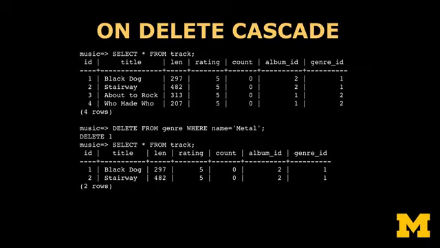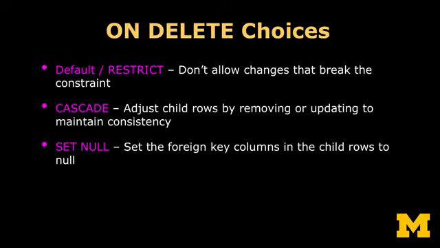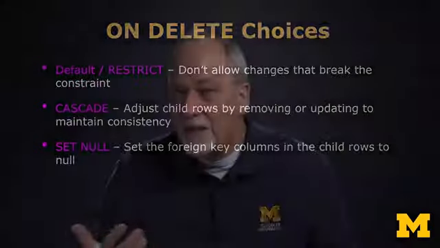Now there are more choices that you have. You can do restrict, meaning that deleting metal wouldn't work. If you delete metal from genre, there would be rows in track that don't point to anything, and that would be a fail. It would blow up on us. Remember that when SQL blows up, it's often because you or I asked it to enforce a rule.